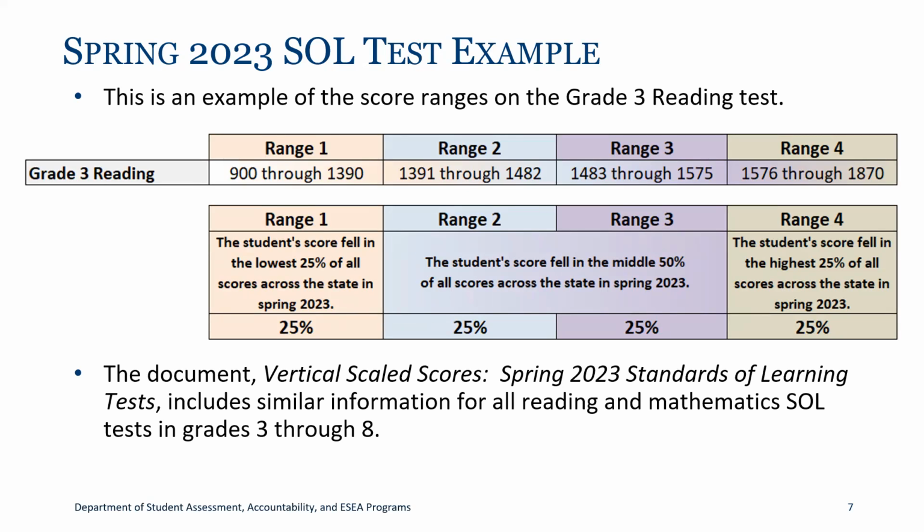Within each range, there is a 3 or 4-digit vertical scaled score. Your child's vertical scaled score will be in one of these ranges. If your child has a vertical scaled score in range 1, this means your child has a score lower than 75% of all test scores of students who took the same test.